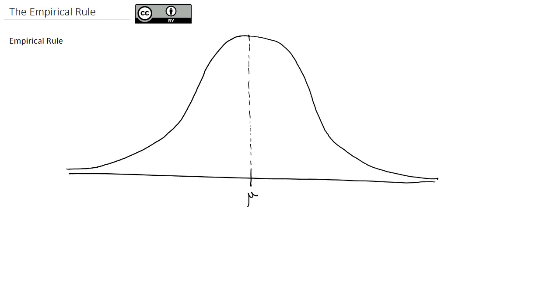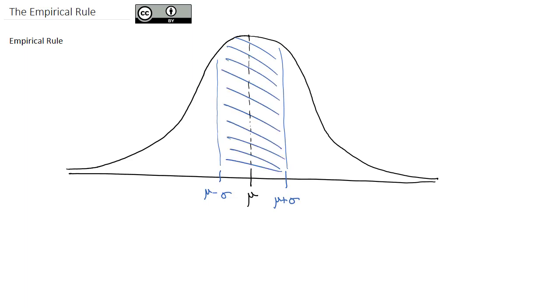But what's really interesting then is if we start counting standard deviations away from the mean. If I take the mean plus 1 standard deviation, or the mean minus 1 standard deviation, and we look at that range of values, it turns out that between those two values, we would expect to see 68% of all the values in the data set within 1 standard deviation of the mean.